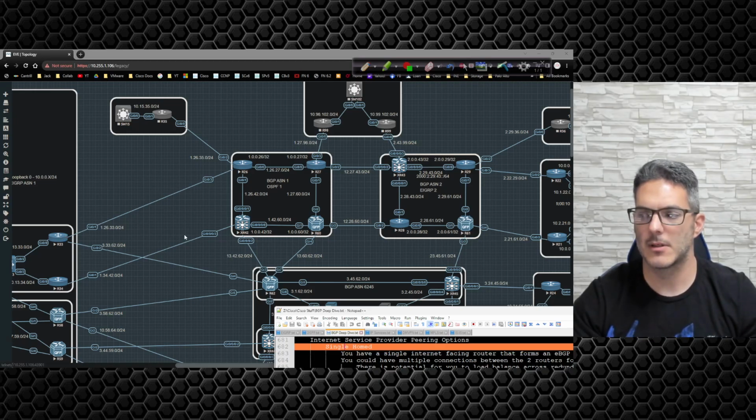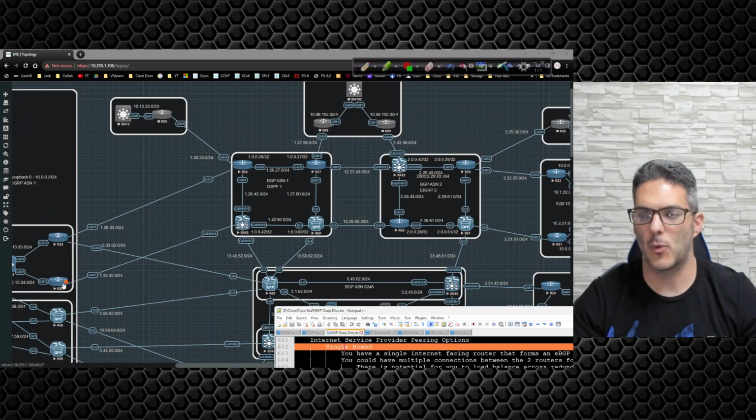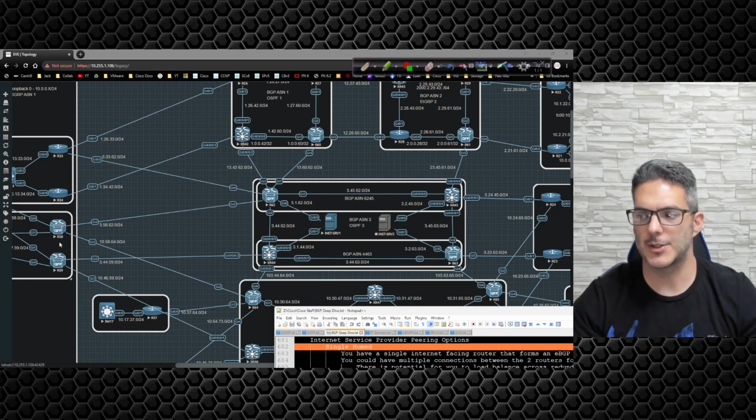Actually, let's talk about R58 and R59, which are technically dual-homed. So single homing means that you have one connection to one provider, whereas dual homing, in this particular case, means that you have one or more routers connected to at least one provider.